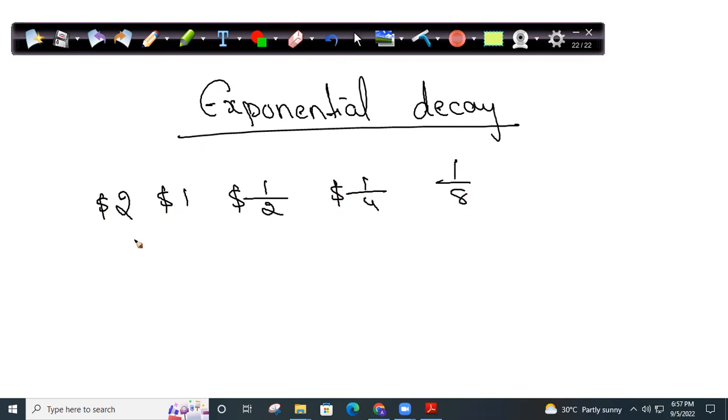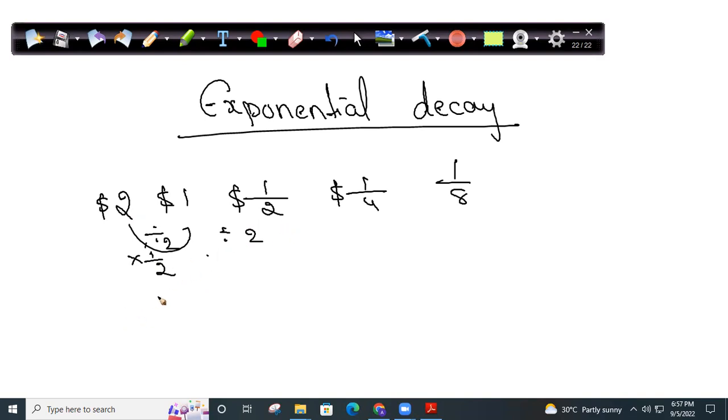So what I'm doing here is dividing by 2, dividing by 2, dividing by 2, or multiplying by 1/2.